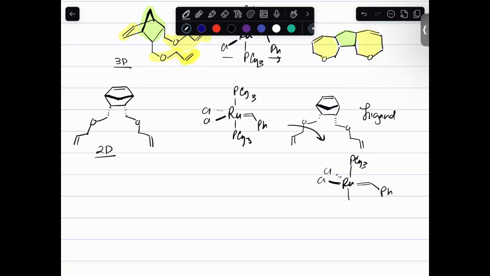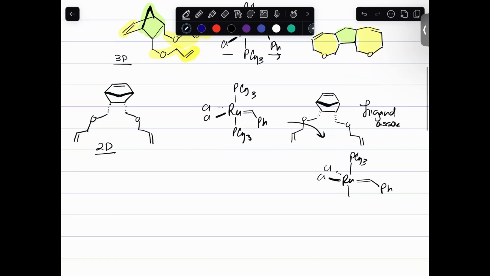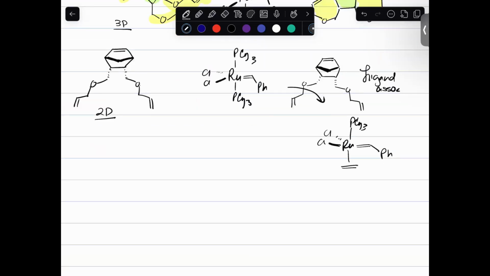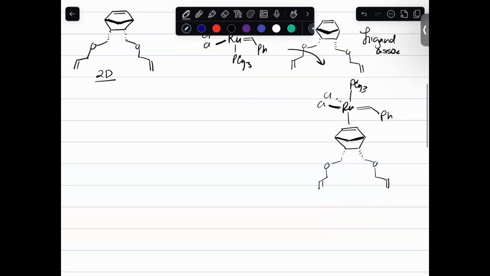Ligand association. So there's my first ligand association, followed by ligand dissociation.